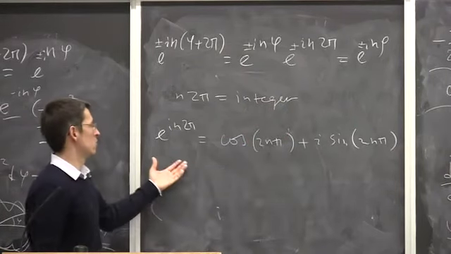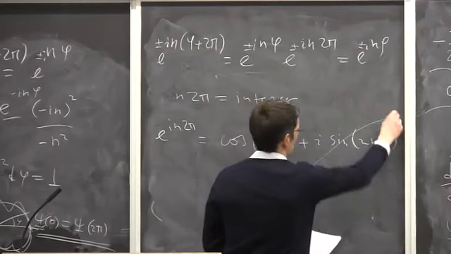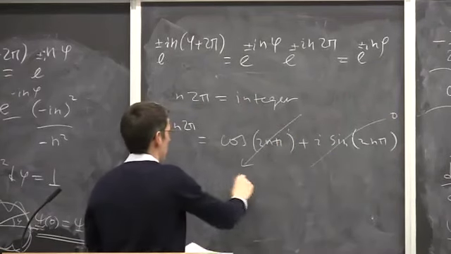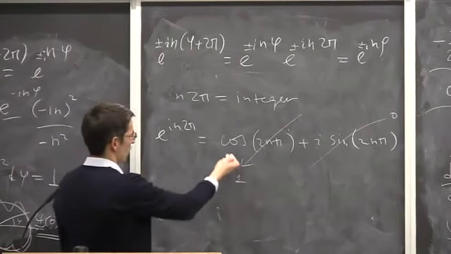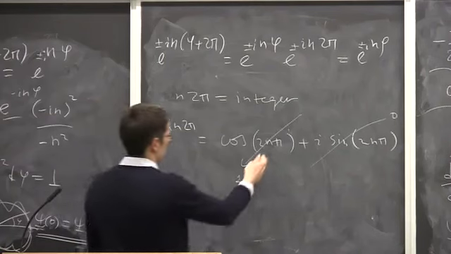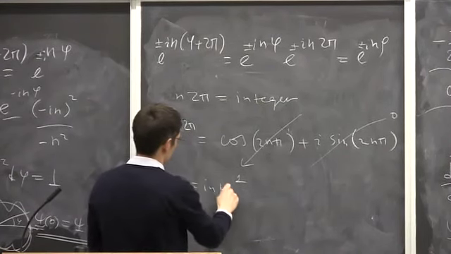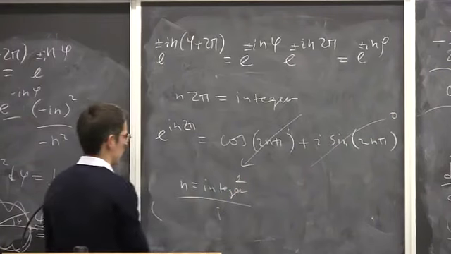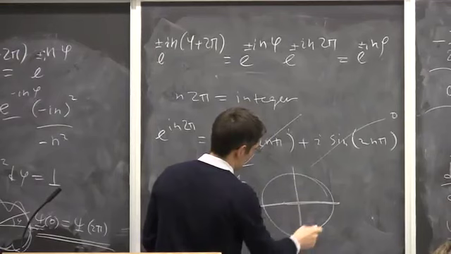And for this to be 1, the sine part should disappear and the cosine should be 1. So what's the condition for cosine to be 1? Well, n must be integer. Not half integer, but integer.